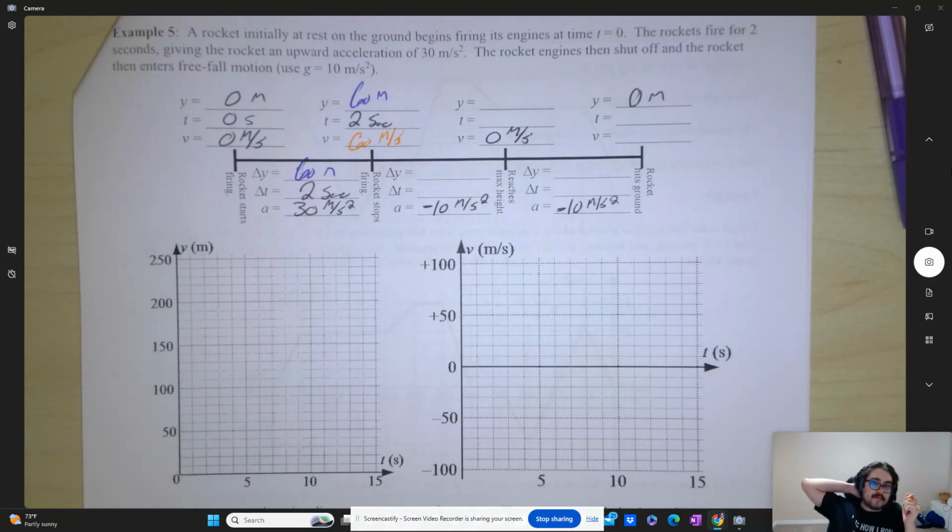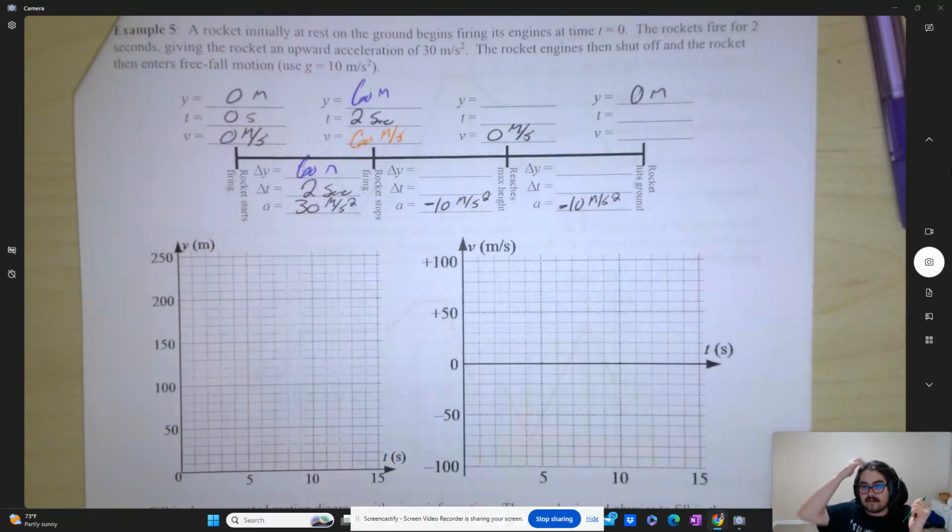Now, you can automatically figure out the change in time here, because if you notice, your acceleration is negative 10 meters per second squared, which means every second you lose 10 meters per second of speed. And how many seconds does it take? If you lose 10 meters per second every second, and you have 60 meters per second, how many seconds does it take to get to 0? It should take 6, right?